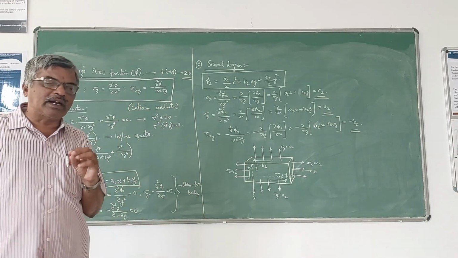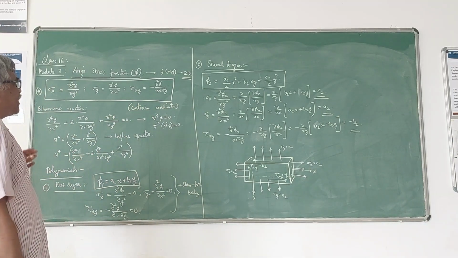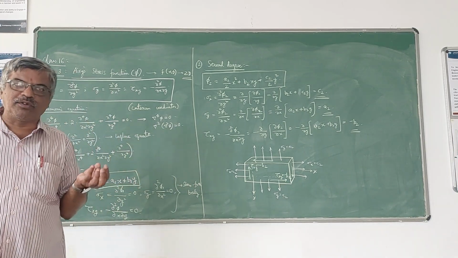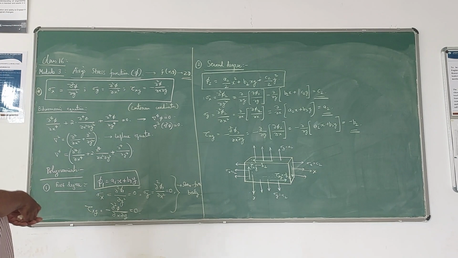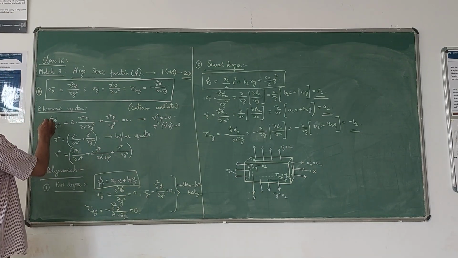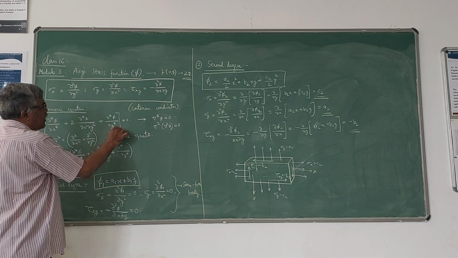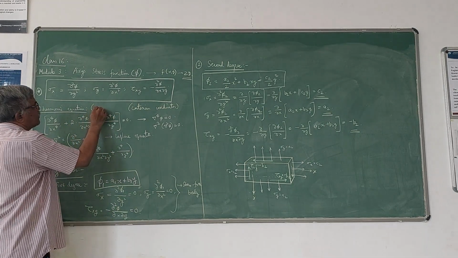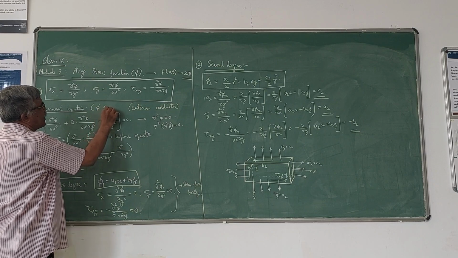But one condition is there: not all functions can be phi functions. If at all you want to have a phi function, it should satisfy one equation called the biharmonic equation, which is given by this.